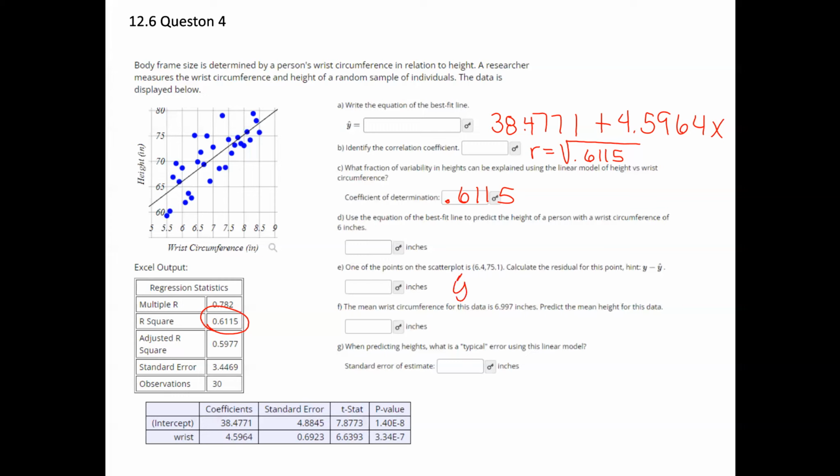So y hat is 38.4771 plus 4.5964 times 6.4. I get 67.8946.